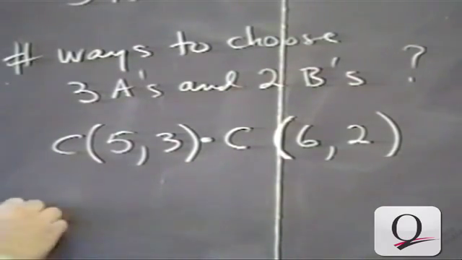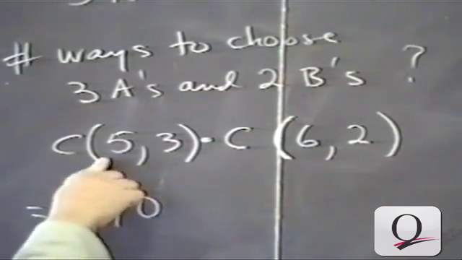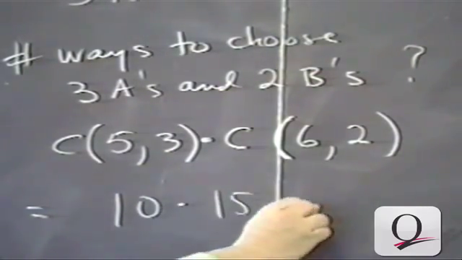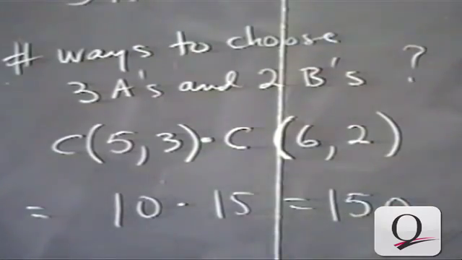Now these numbers: this comes out to be 10, we've already seen. This comes out to be 15, so 150 ways. Let's just check this one.